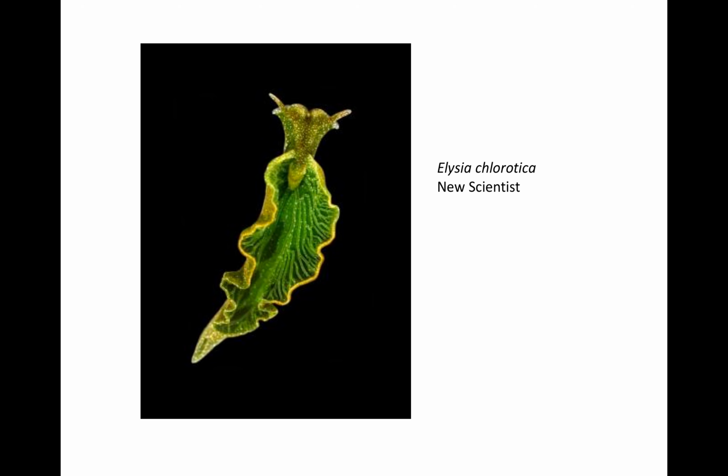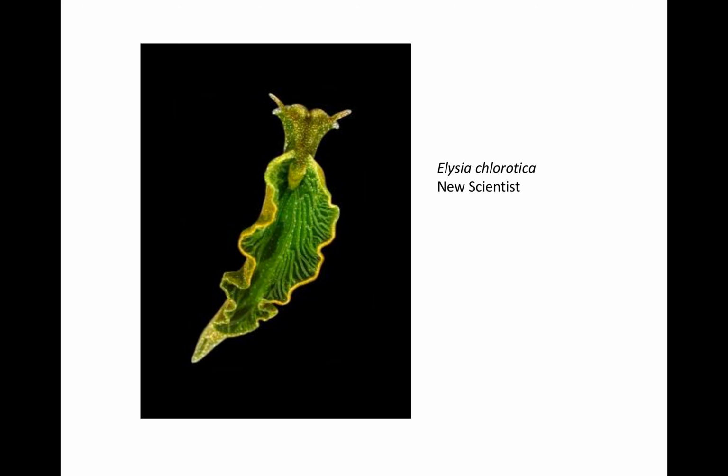Instead, they migrate those chloroplasts to their backs. That's why they're green. And they can actually photosynthesize using chloroplasts that they stole from the food that they're eating. And the animal is actually able to harbor these chloroplasts and derive nutrients from the photosynthate that the chloroplasts make.